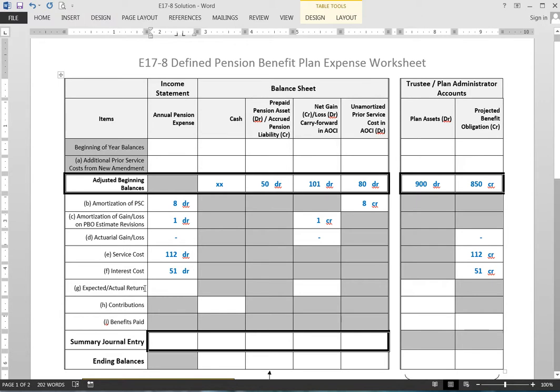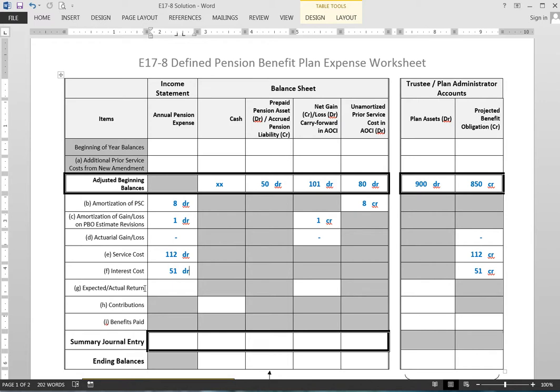Firms were really concerned about volatility in the returns on plan assets. Some years return on plan assets could be really good. In other years the return on plan assets might be significantly less. And management of firms were concerned that that sort of volatility would have a major negative impact on the amount of pension expense that needs to be recognized.